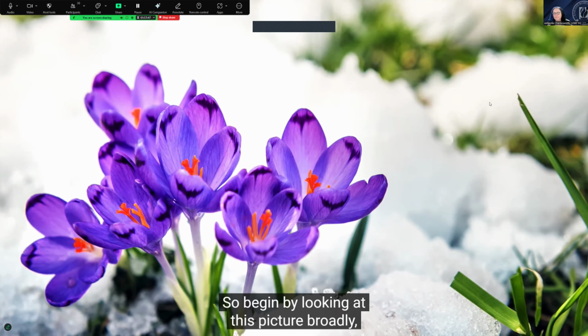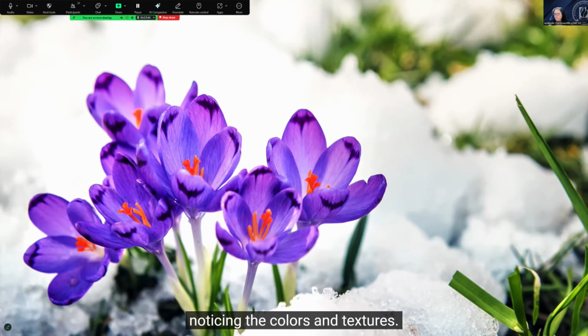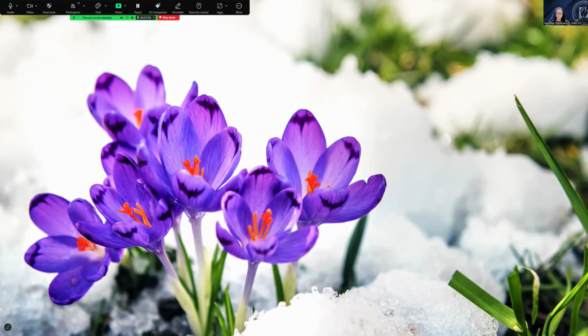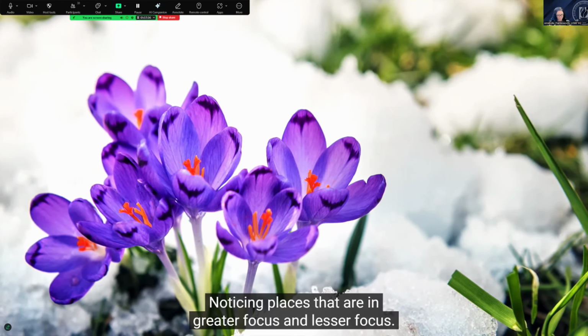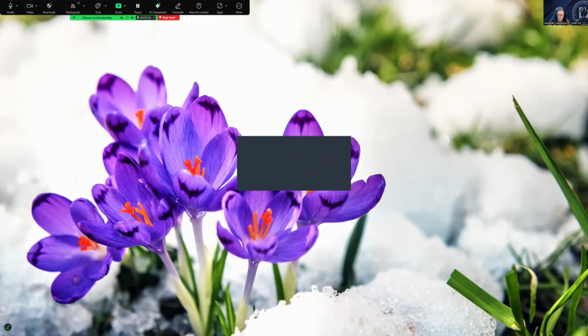So begin by looking at this picture broadly, noticing the colors and textures, noticing places that are in greater focus and lesser focus.